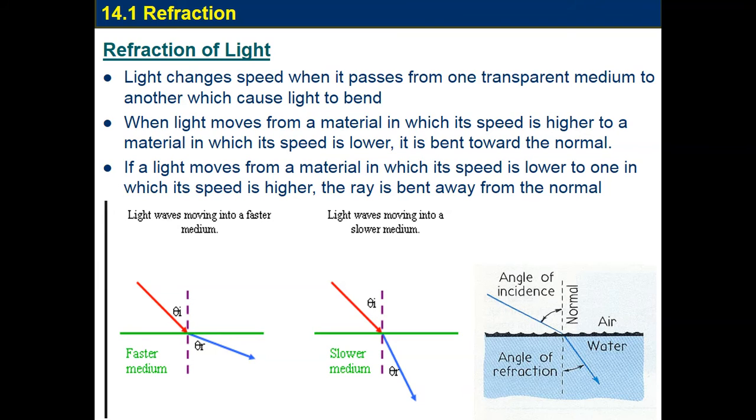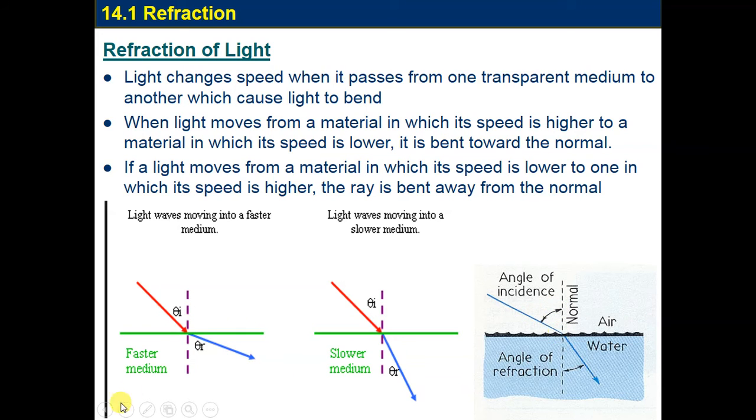I always taught you girls that after drawing the incident ray, we directly draw the normal, which is the imaginary dashed line that we draw perpendicular to the surface at the point of intersection. After drawing the normal, we show the angle of incidence, which is always measured from the normal to the incident ray.